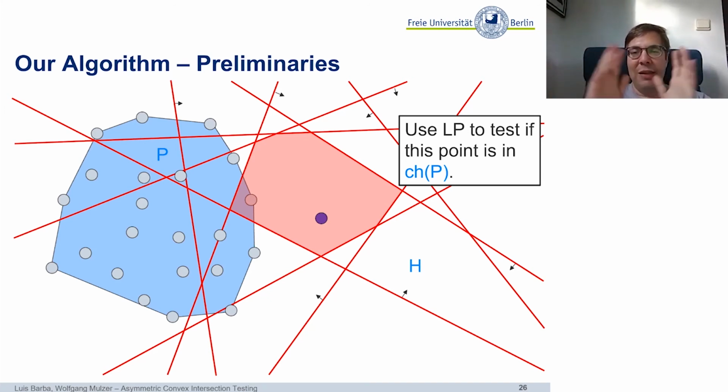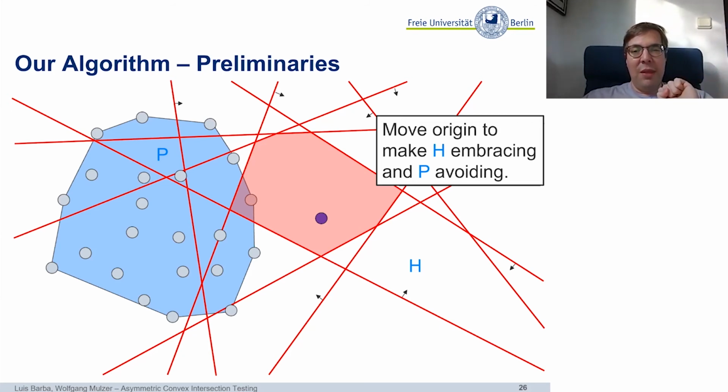So this is clean, and we can use the algorithms that we have from computational geometry because we have only one representation of the polytope. So we test whether this point is in the convex hull of P. If we are lucky and the point is in the convex hull of P, then we're done already, because we know now that the two polytopes intersect and we can finish. So let's assume that it is not the case.